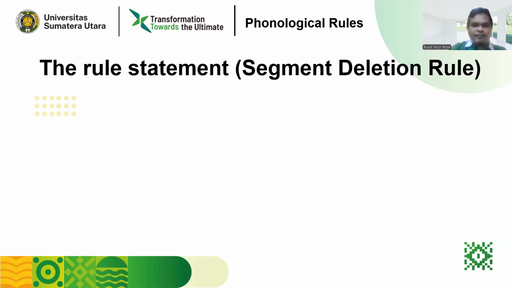Now, because a phonological rule is related to the statement of the rules, we can say that G changes to nothing whenever G is located before N and it is the final of a word.